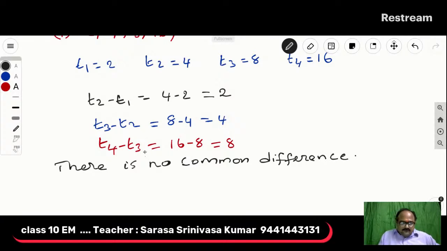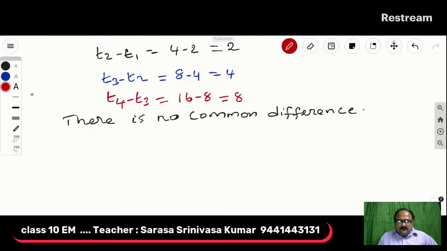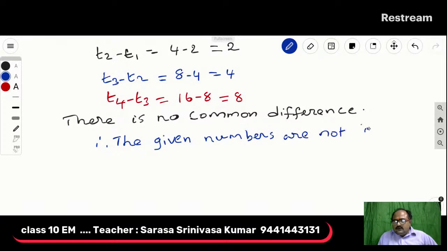Therefore, the given numbers are not in arithmetic progression. Here we underline: not in arithmetic progression. So this is how we verify each and every problem.